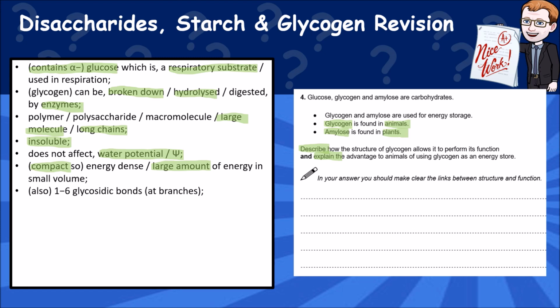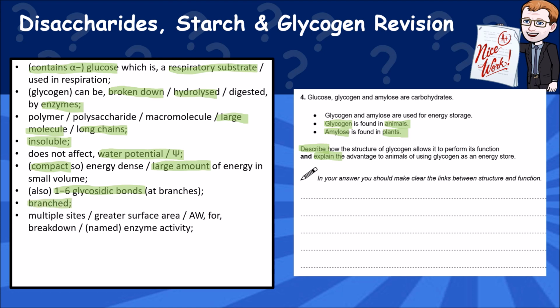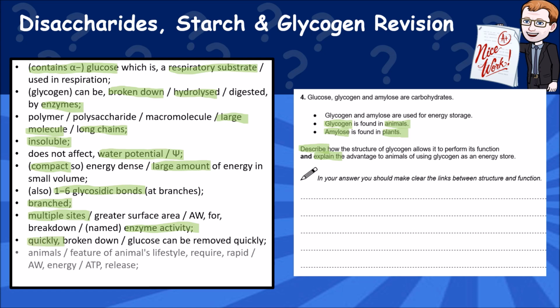You can talk about the fact that it forms 1,6 glycosidic bonds, so it's branched. Again, it can be broken down at multiple sites by enzyme activity, which means that it can be broken down quickly. And because it can be released quickly, it can be used to generate more ATP that's required for a range of cellular activities.